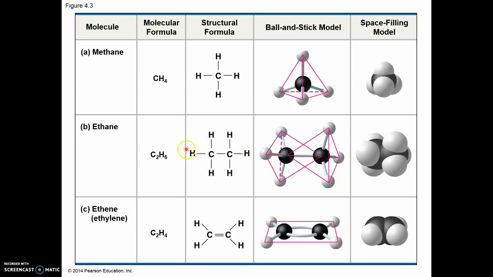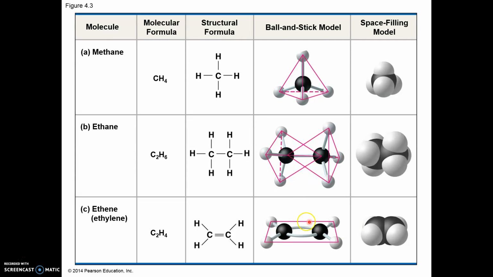The hydrogens take up whatever bond is left over. Here, we're sharing 2 here, so we have slightly less. Another thing to consider here is notice that the precursor here, eth and eth, is the same. Eth is actually what we use to describe 2 carbons. Same thing holds true up here. Meth is what we use to describe a single carbon.